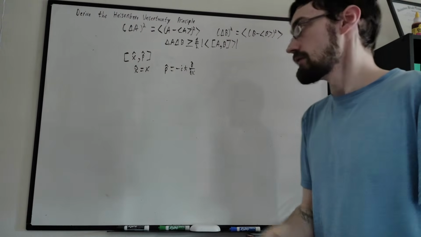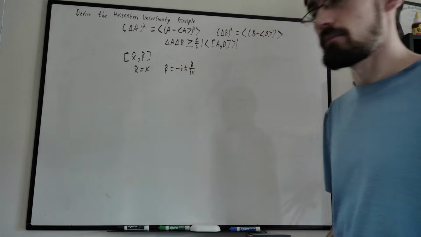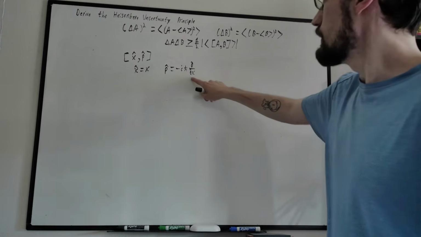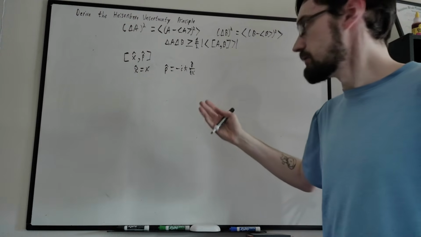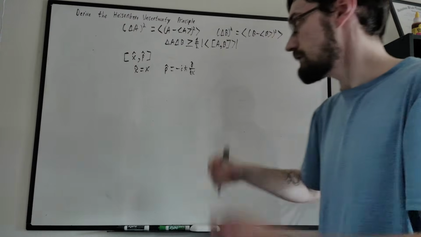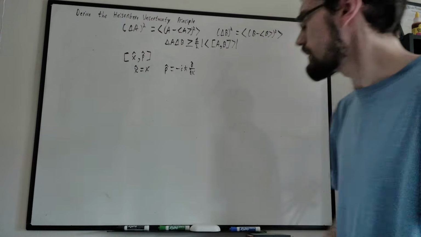Now these are considered Hermitian operators here because, especially look here, we have a derivative just kind of hanging out in the middle of nowhere. It's not acting on anything. It's something that is supposed to act on something.